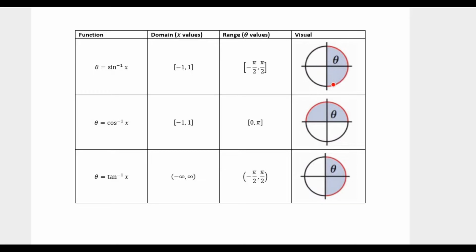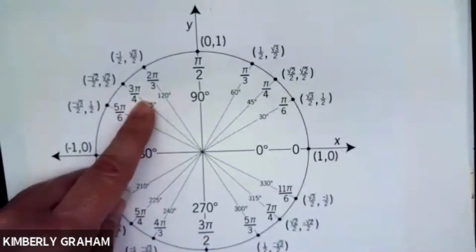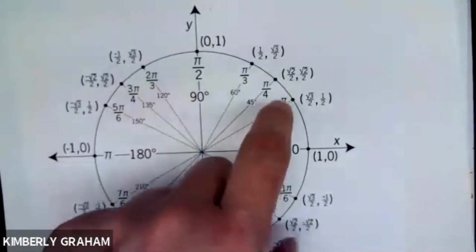That's where I go through those 3 steps, being sure I'm in the right quadrant. Remember that when you're looking at inverse sine, you're going to be either in quadrant 1 or quadrant 4. I'm no longer over here at 3 pi over 4. I'm over at quadrant 1 or 4.